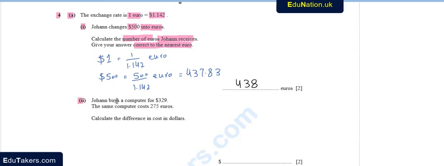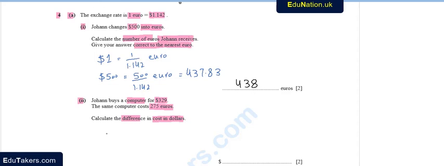Second part: Johan buys a computer for $329. The same computer costs 275 euros. Calculate the difference in cost in dollars.